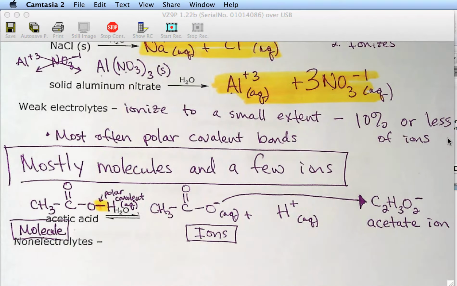And whenever you're asked a question about weak electrolytes, if you see this double-headed arrow, this I-can't-make-up-my-mind arrow, that means you're dealing with a weak electrolyte. So we'll see that in our lab, experiment 22, conductivity lab.